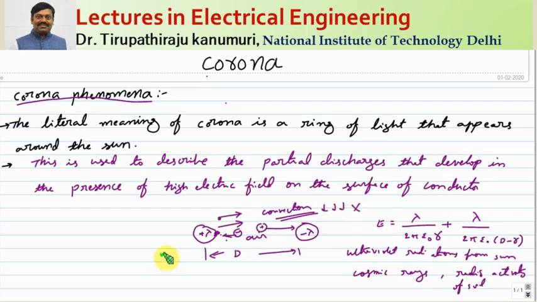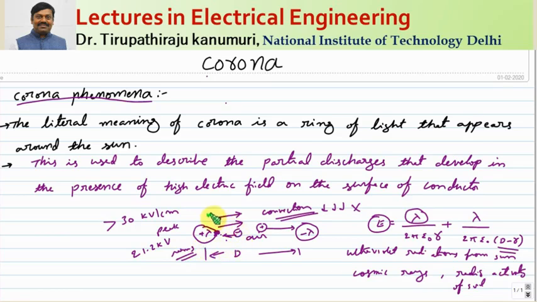But now if you increase the voltage such that the electric field intensity at the surface of the conductor, whatever E is calculated at the surface, because it depends on the radius of the conductor and the distance of separation between them, becomes greater than 30 kV per centimeter peak, or 21.2 kV RMS value, the air will start breaking down.